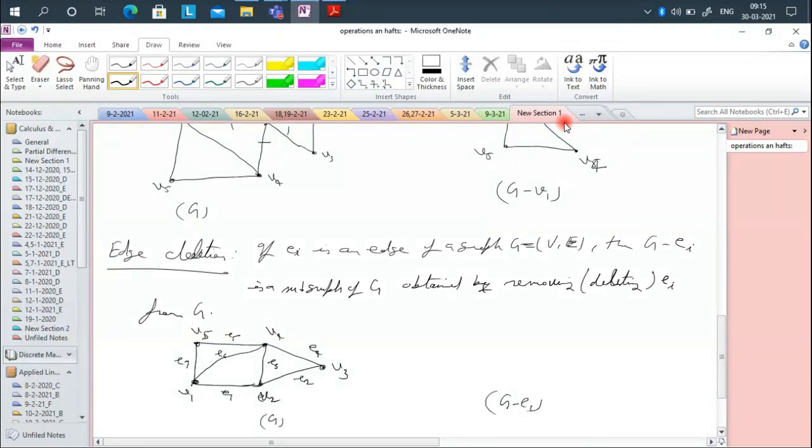We delete only this edge, not the vertices.